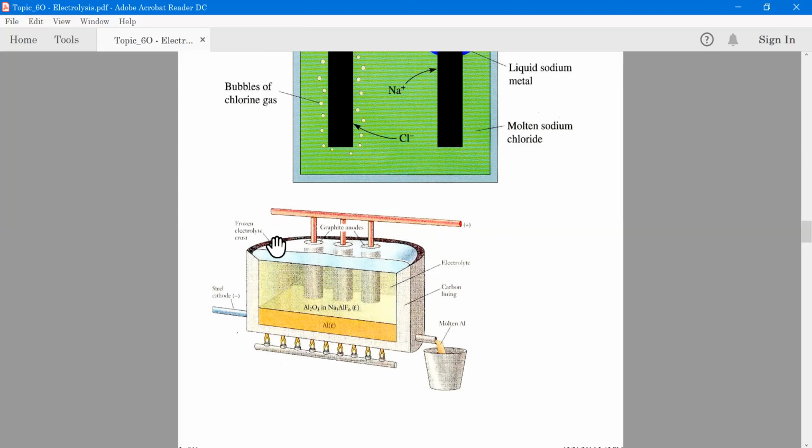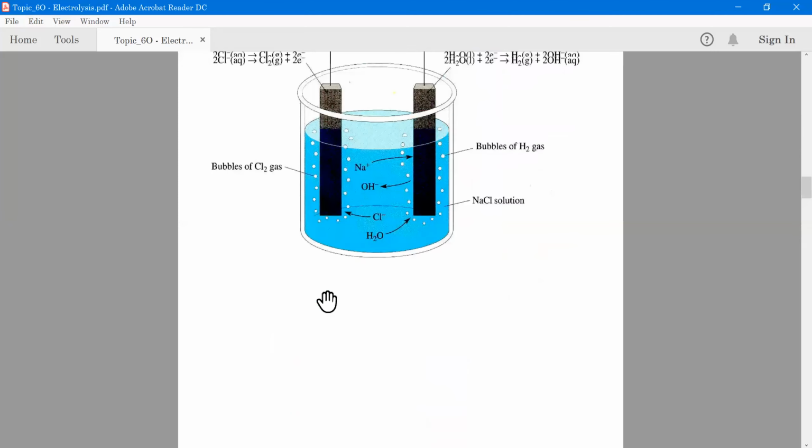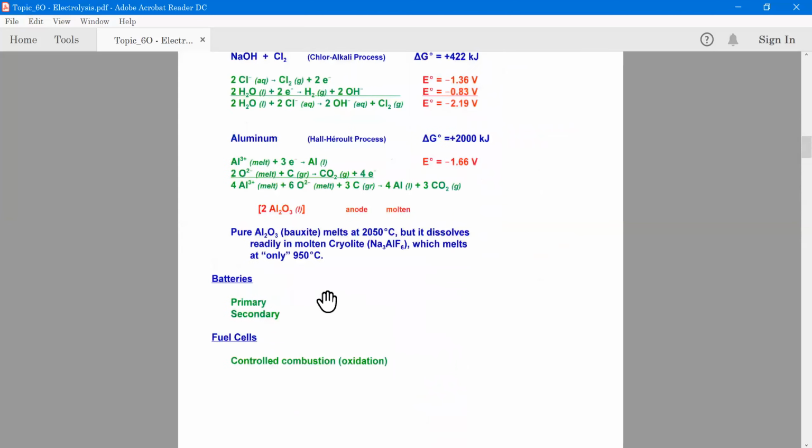But if it's exposed to anything lower than that, which means the entire surrounding atmosphere, it will solidify and form a crust on top. And in fact, that crust helps to insulate it and keep it liquid inside. So it serves 2 purposes. So this is the overall process by which aluminum is manufactured in industry.